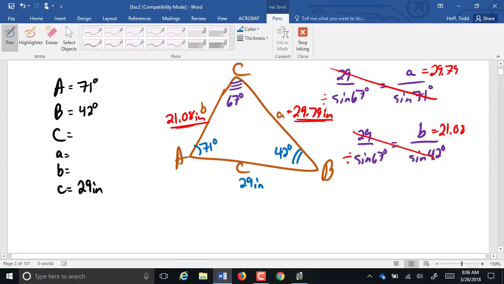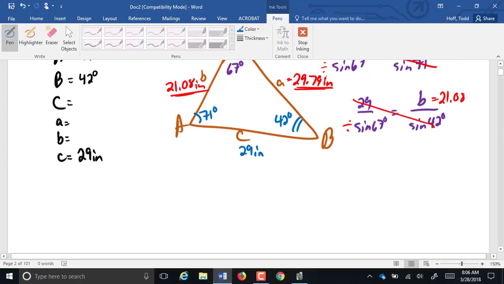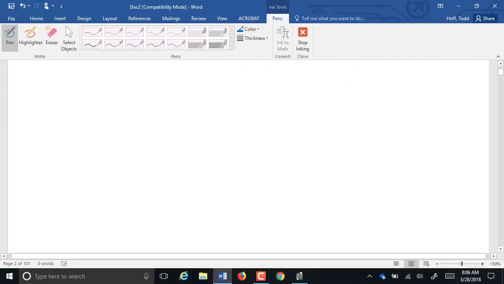Now I mentioned it's important whether you pick the bigger or smaller side to work with. What do I mean by that? Well, let's say I have this triangle. I tell you that this here, let's just say it's 46 degrees.